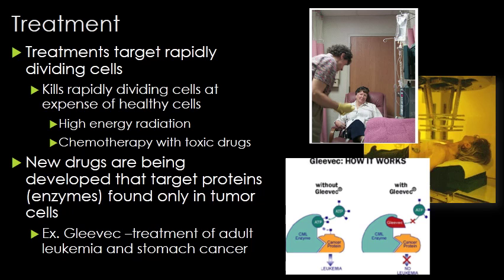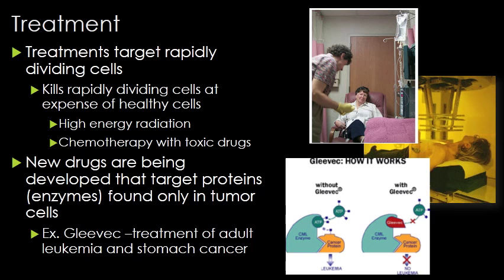But both radiation and chemotherapy are all about killing rapidly dividing cells, but that does tend to come at the expense of healthy cells. Other treatments, let me mention, palliative care is dealing with the pain and other issues like that, not really dealing with the cancer.